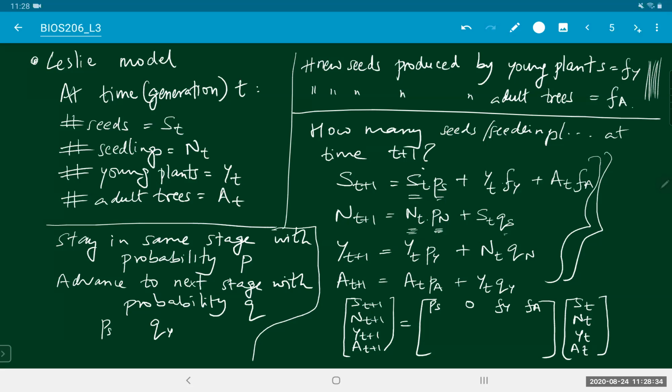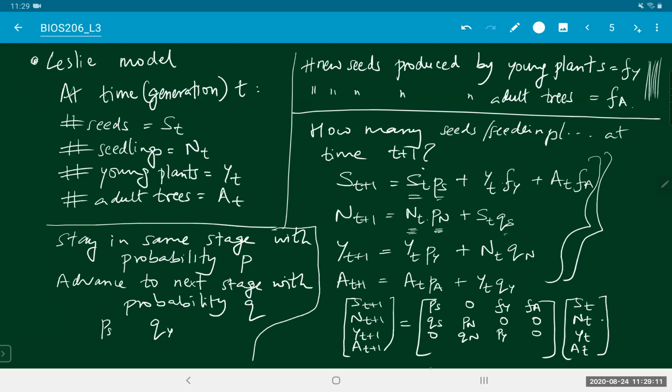From the second equation, Nt plus 1 depends on St with a factor of QS. It depends on Nt with a factor of PN, and it doesn't depend on anything else. Yt plus 1 doesn't depend on St, depends on Nt with a factor QN, depends on Yt with a factor PY, and doesn't depend on At.